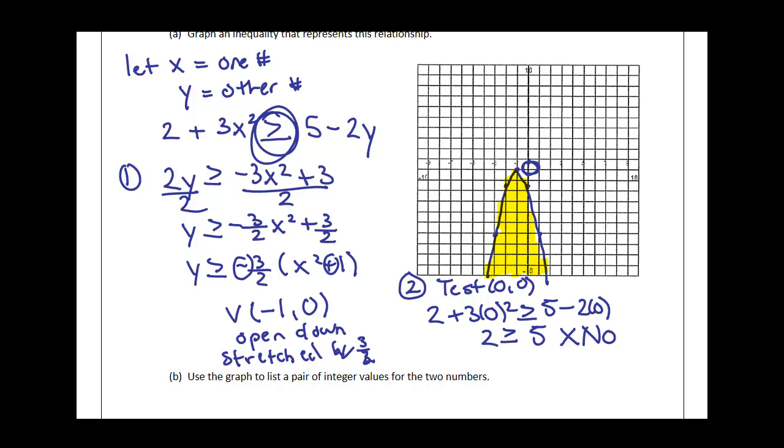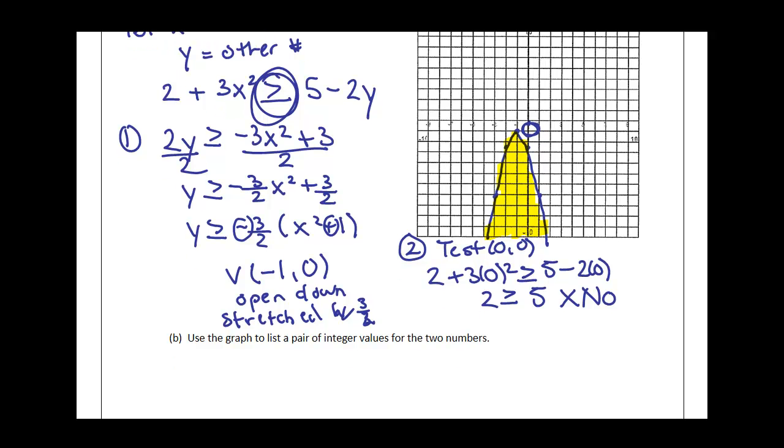Cool. So B is asking, use the graph to list a pair of integer values for the two numbers. So our possible solutions we determined were within our parabola here. So we could just choose any point in the shaded region to represent our two numbers.